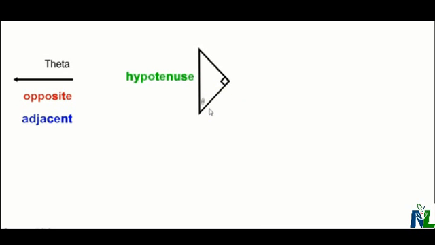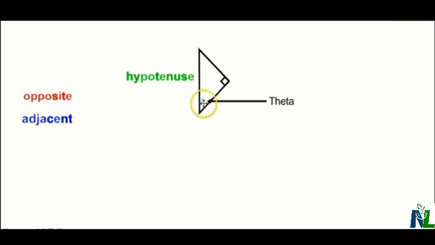the sides of a triangle, we have to have a mark. We have to have a particular spot that we're looking at, a particular angle. So I labeled one of the angles of my triangle right there, theta, and that gives me a context to put the opposite side and the adjacent side in.